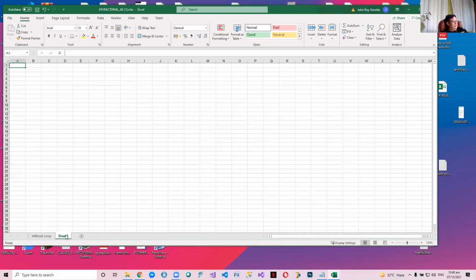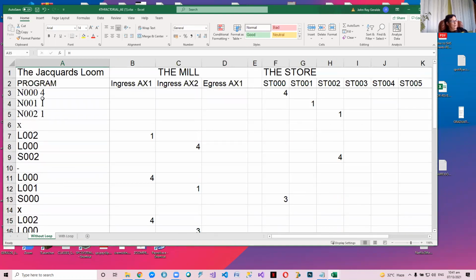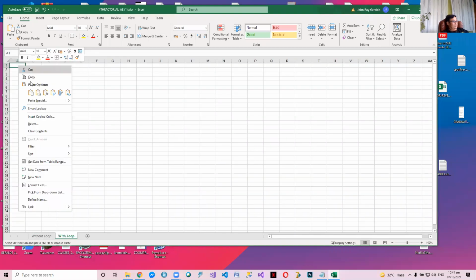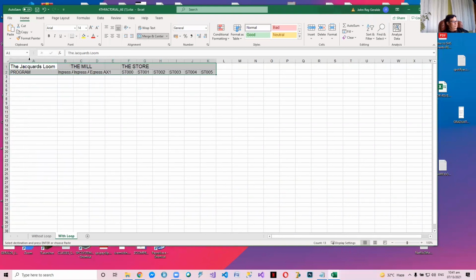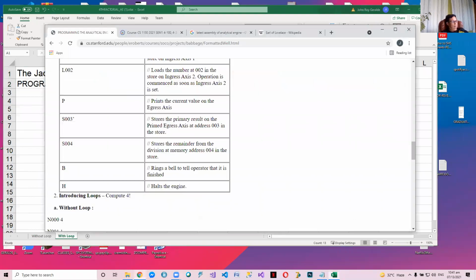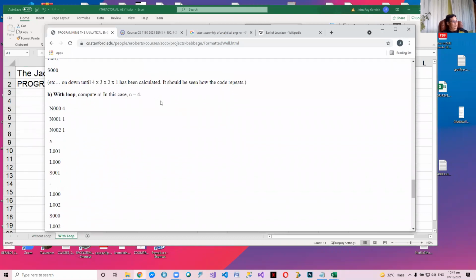You know what looping is? Looping is repetition, no? In programming, which means we'll just jump, no? Okay? Kopyahin natin yung programs, no? From the source. No? This without loop. The with loop is this.